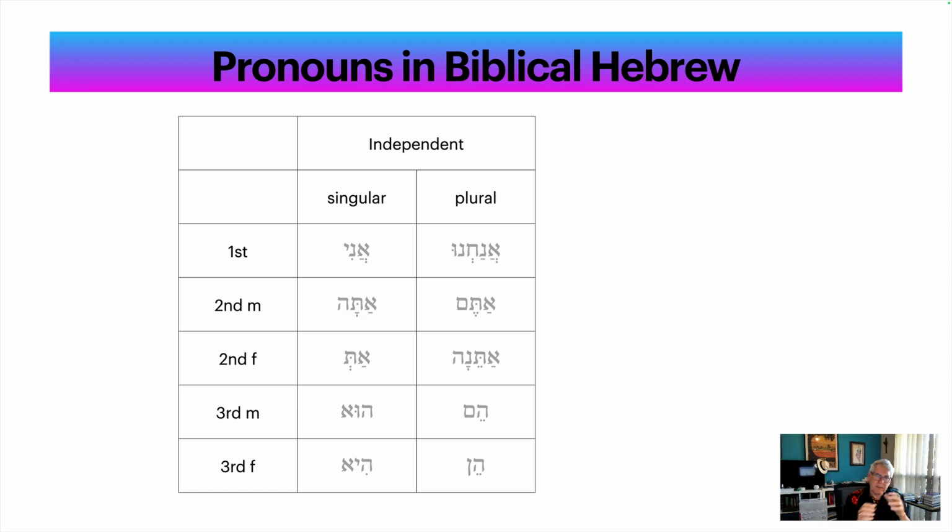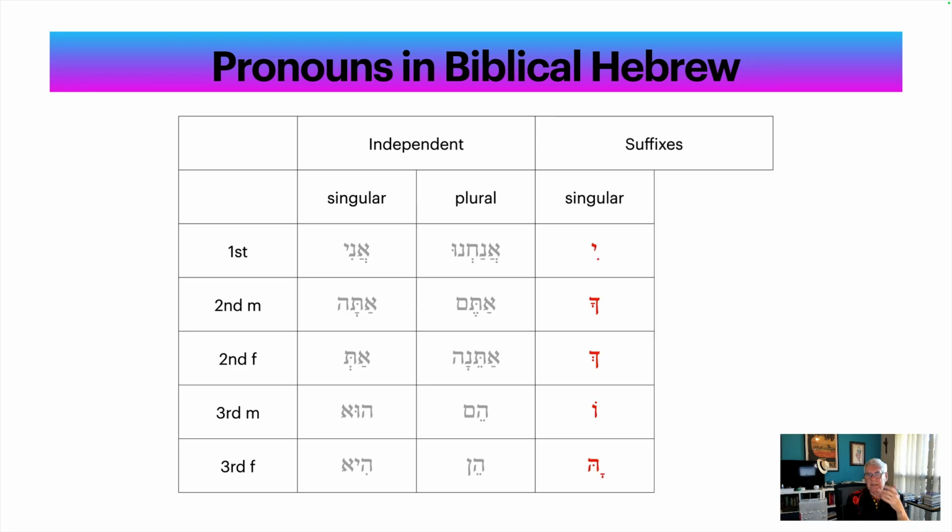What we're talking about is when they occur as standalone independent pronouns. We're not trying to master that at this stage. What we are looking at is when the pronouns are fixed, attached as a suffix on the end of a noun. Now we've seen this occurring already, but let's now look at what the system is.